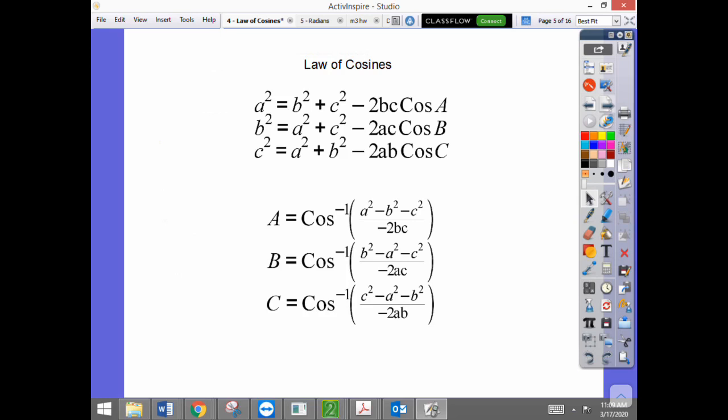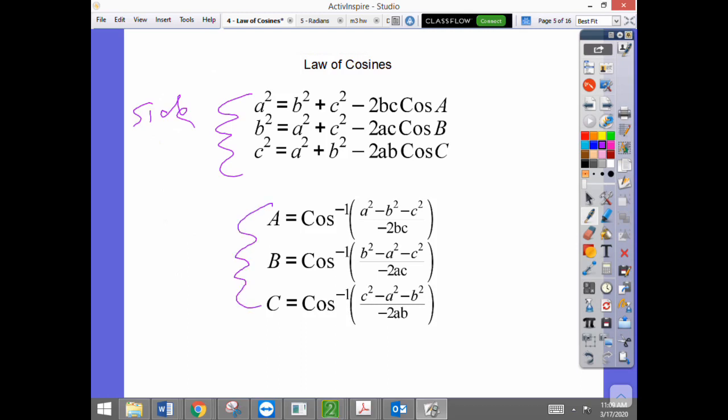I know there are 6 different equations here, but they really are all the same thing, just organized in different ways. And again, how we broke up the law of sines using angles and sides, we can do the same thing here. These 3 right here are helpful when we're looking for a side.